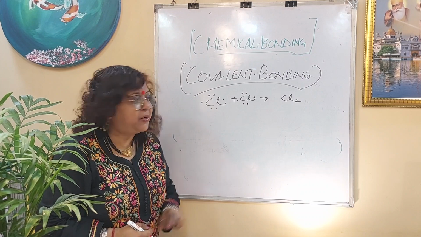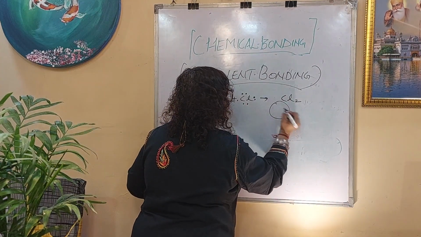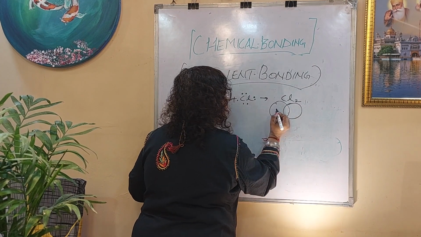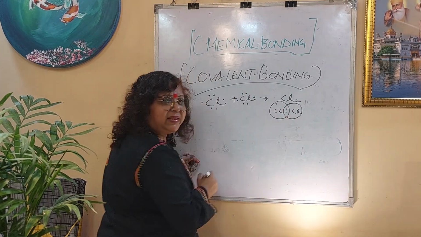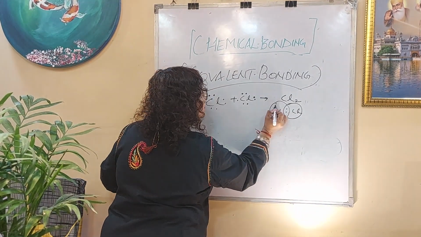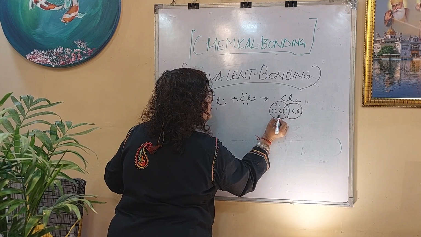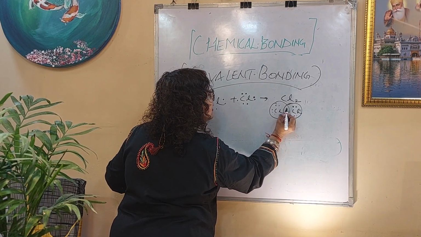How will it form Cl2? Both of them will combine with each other, with 1, 2, 3, 4, 5, 6, and the 7th one has gone here. 1, 2, 3, 4, 5, 6, and one has come here.